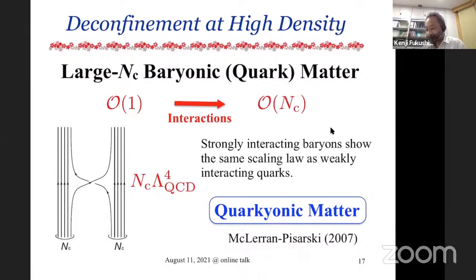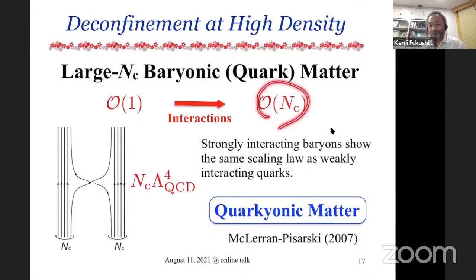And such dual matter between baryonic matter and quark matter is called quarkyonic matter. Okay, so this funny name was given by these people, but this is nothing. You may think that you can just say, oh, quarkyonic matter is simply baryonic matter, because this is actually baryonic matter of order NC.